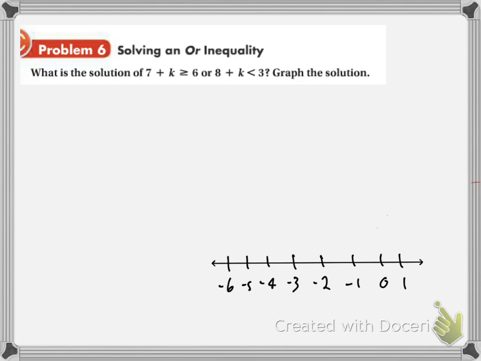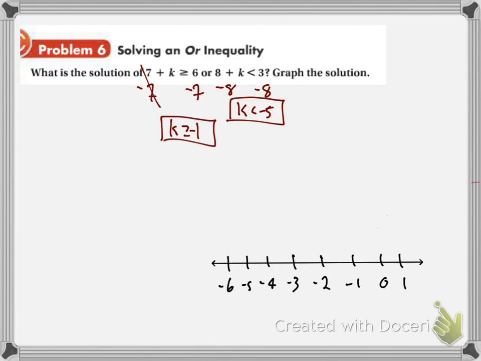To start, again, I'll solve for k. I'm left with these two inequalities. k could be greater than or equal to -1, or k could be less than -5.